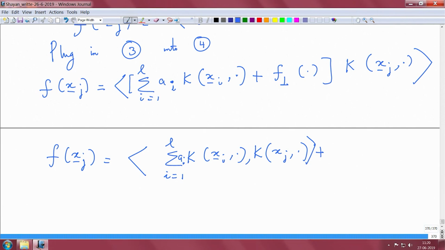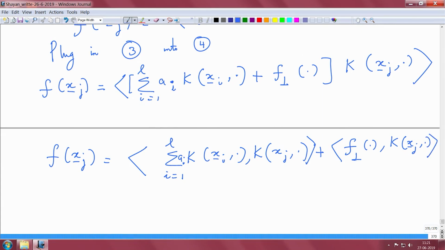Basically this is a function which is in the span of the kernel functions. I take the inner product of that function with the kernel. This is my first term, and my second term is the inner product of the orthogonal component, this is f perpendicular, with kernel xj, kernel acting on xj and dot.